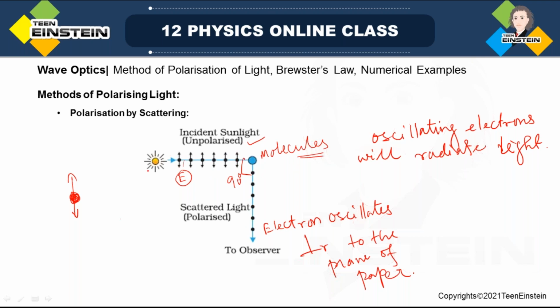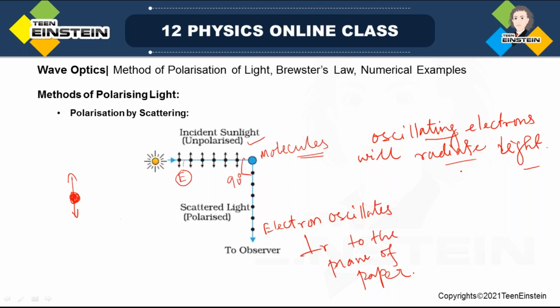So what happens in scattering? Light is an electromagnetic wave, and light is always characterized by the electric vector. When the electric vector encounters an atom or molecule, it has electrons within it. Those electrons will oscillate with the electric field at the same frequency. And since the electron is a charged particle oscillating, it will radiate light or an electromagnetic wave.